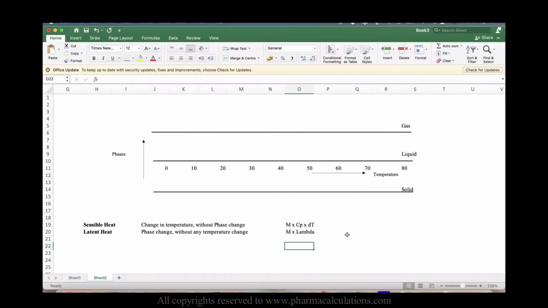Now we have to see the notations one by one. m refers to the mass flow rate if it's a continuous process. If it's a batch process, m refers to the mass. Cp refers to specific heat, and dT refers to the change in temperature.